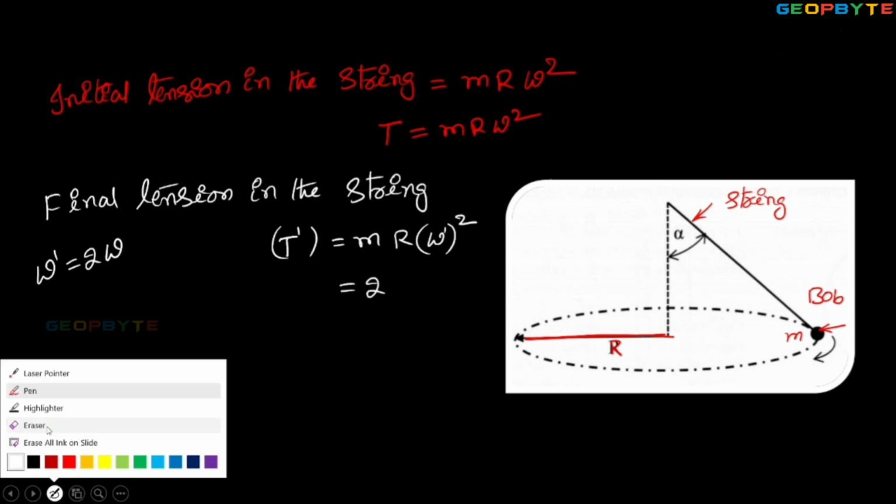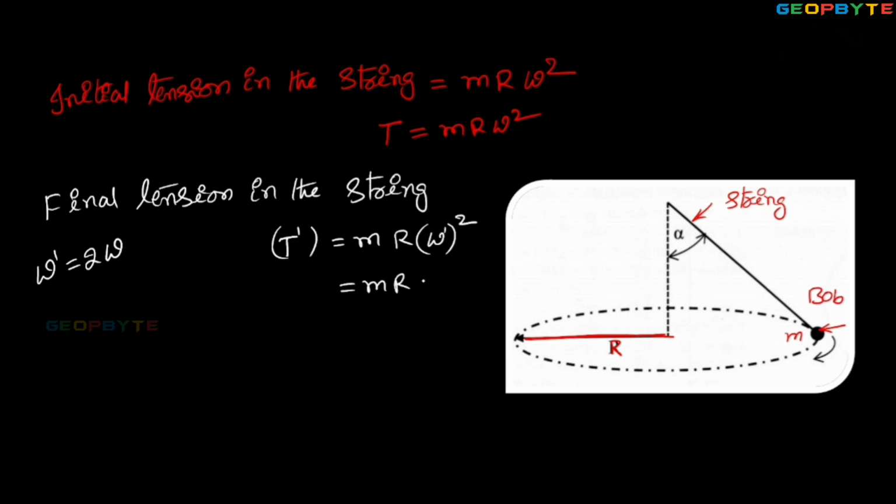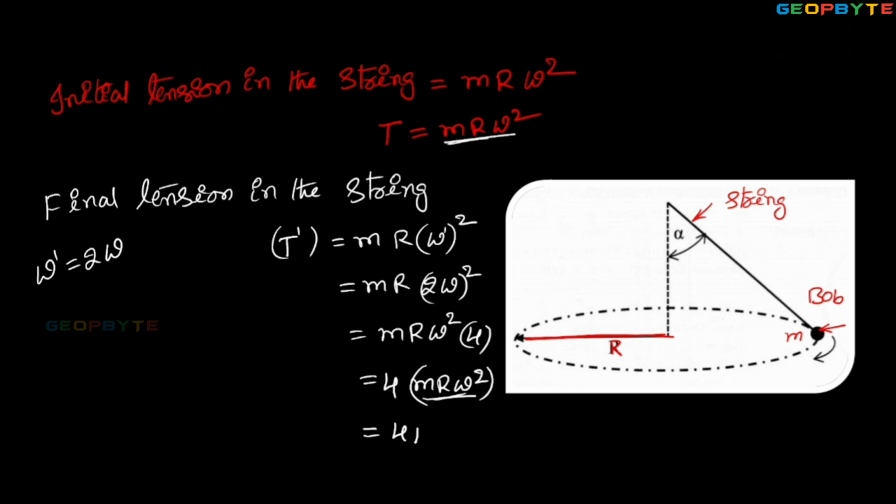So T dash equals m r into (2 omega) whole square, which is m r omega square into 4. It is 4 times m r omega square, equal to 4 times T. So therefore, the tension becomes 4 times the initial tension. That is the answer.